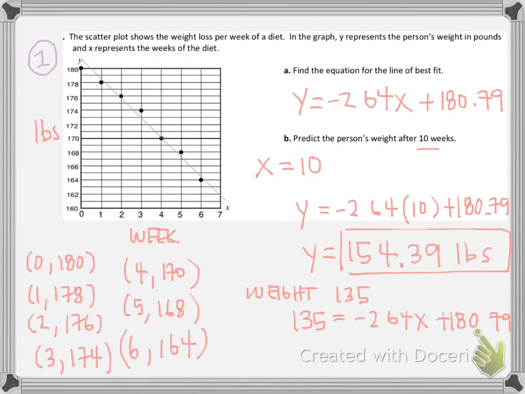So 135 minus 180.79 gives me negative 45.79. And then you're going to divide both sides by negative 2.64. So it's basically going to take me 17.34 weeks. So it's almost going to take me 17 and a half weeks to get down to 135 if I follow that pattern.